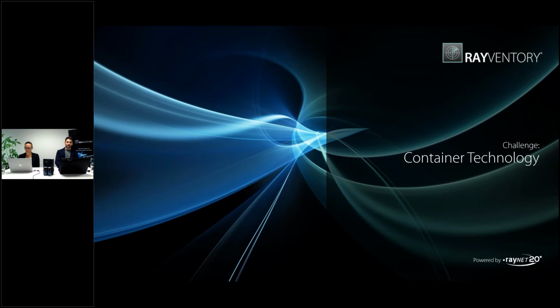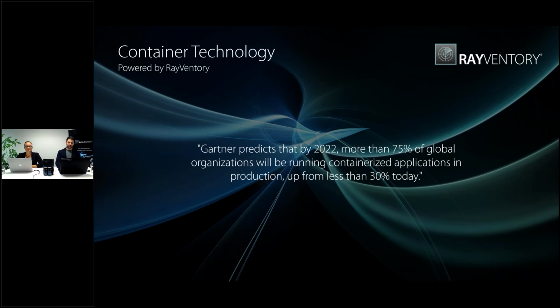Then another point is the container technology. We already spoke about it in the past, but we have new insights about it. In this case, we would like to rephrase someone.